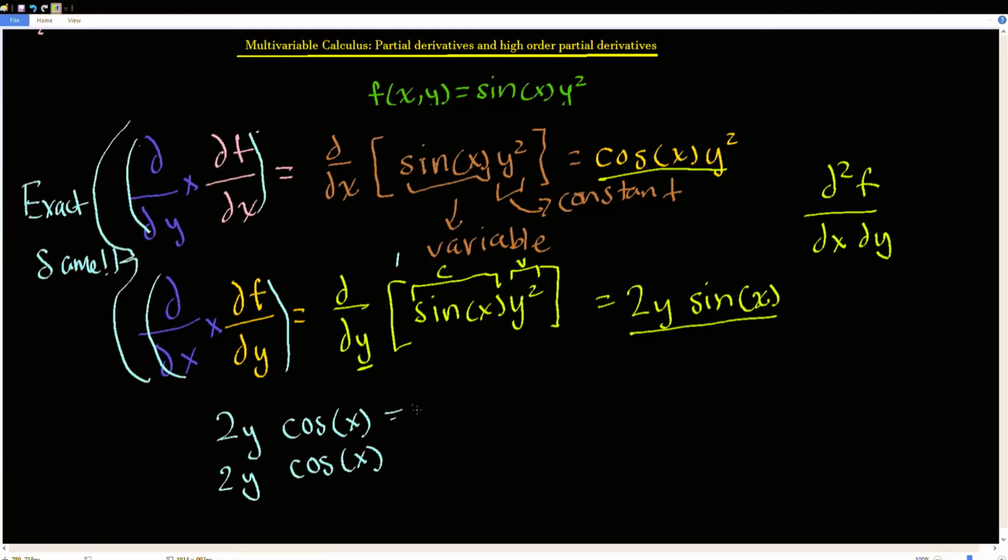So I always call df over dx the partial of f with respect to x, f subscript x, and partial f with respect to y, f subscript y. So for this, I would just call it f subscript xy. Both of these are equal to f subscript xy, or in this case, f subscript yx, even though they're the same thing.